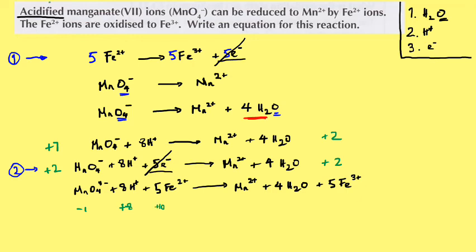And so that is going to add up to 17 on this side. And then on the other side, we have 2 plus for the manganese. The water is a neutral molecule, and for the iron 3 plus ions, we've got 5 times 3 plus, which is plus 15. So on this side we also have 17. So 17 and 17, they balance, and so this is our checked full redox equation.